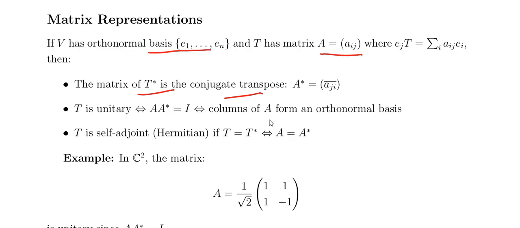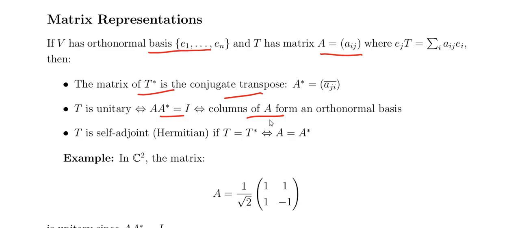T is unitary now, that is called A star A equal to I, the columns of A form an orthonormal basis. That is, if and only if T is unitary, A star A equal to I, that is if and only if the columns of A form an orthonormal basis. Columns of A form an orthonormal basis means, if you collect the columns, each column is an orthonormal basis vector. That is also very important.